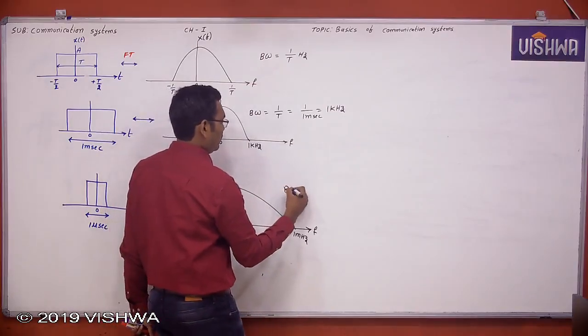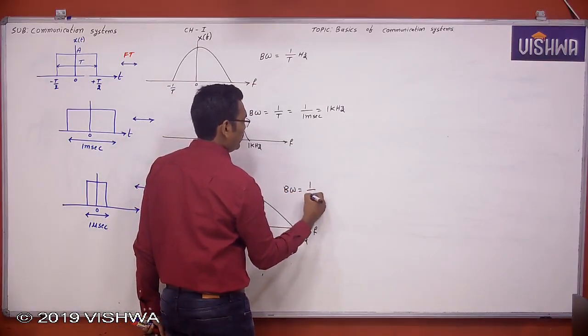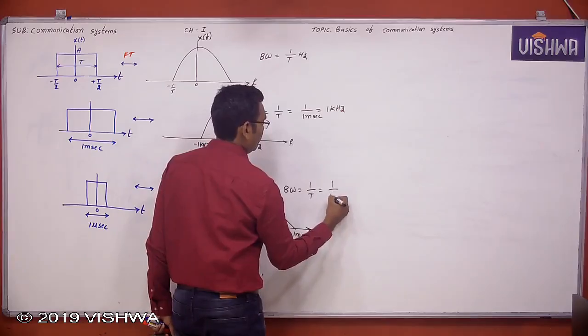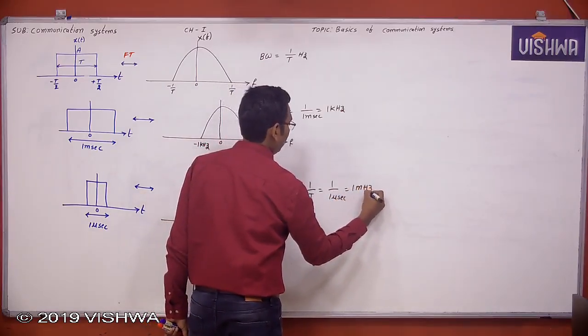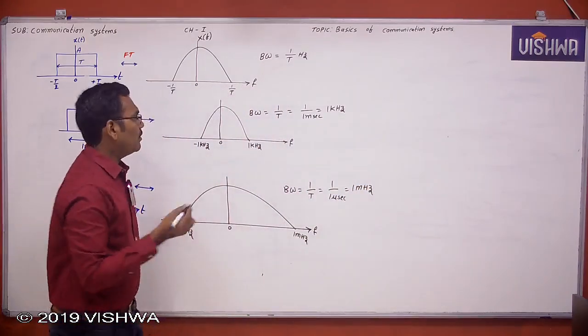Now bandwidth, which is inversely proportional to pulse width, is 1 by 1 microsecond, which is equal to 1 megahertz. Right?